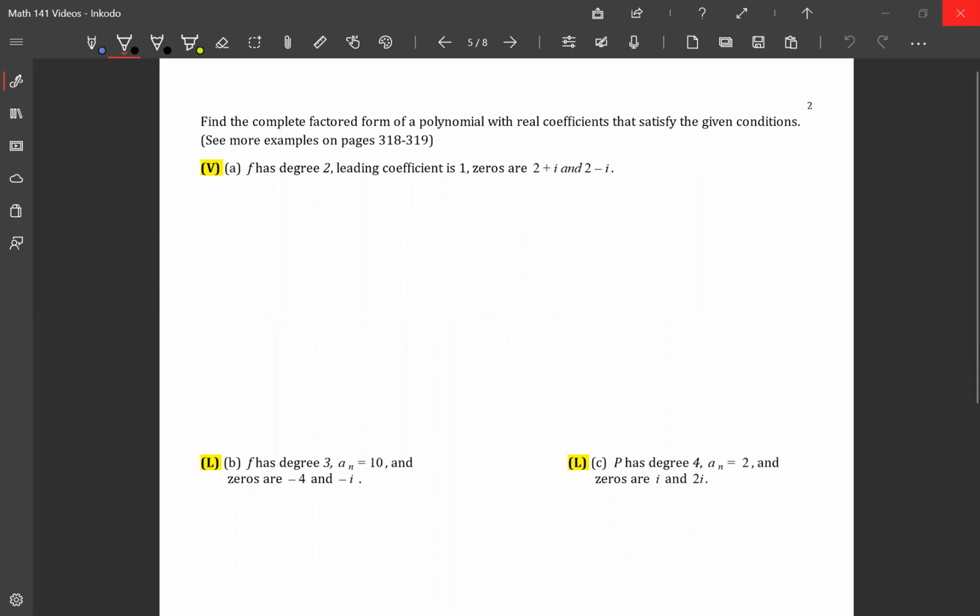Essentially, what we're looking at is something in the form f of x equals a, where a will be the leading coefficient, and then x minus x1, x1 being a zero, x minus x2 being another zero, x minus x3 being another zero, dot, dot, dot, until we get to x minus xn.